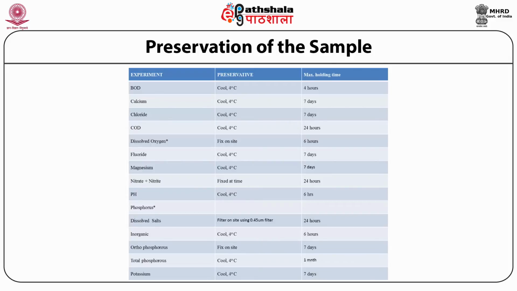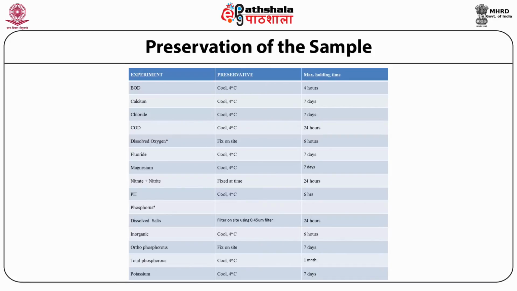Calcium is also an analyzing parameter, and the preservation technique for it is again cooling to 4 degrees centigrade, and the holding time is 7 days. Similarly, we follow this for chloride, fluoride, manganese and other parameters.